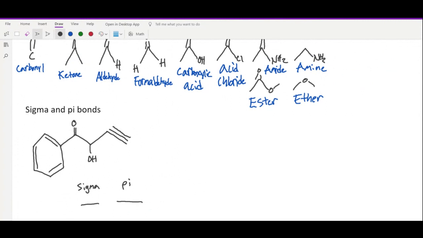Okay. Obviously, pi bonds are going to be a little bit easier because they're easier to spot. Sigma, you'll have to do a lot more counting. So take a minute or two and try it on your own before I give out the answer.